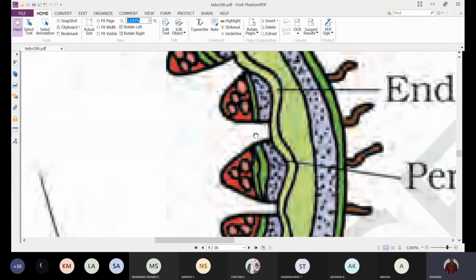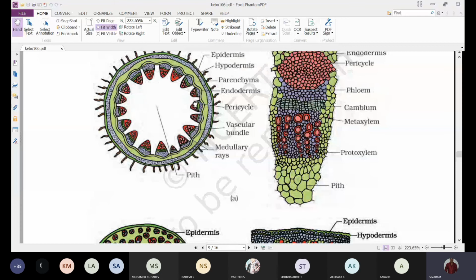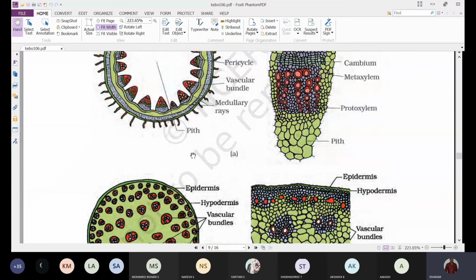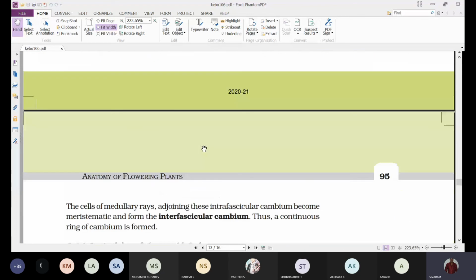These two move in opposite directions, and finally they meet at one point and adjoin with the intravascular cambium. The intervascular cambium adjoins with the intravascular cambium, and all of them join together and form a ring-like structure, which is called a cambial ring.